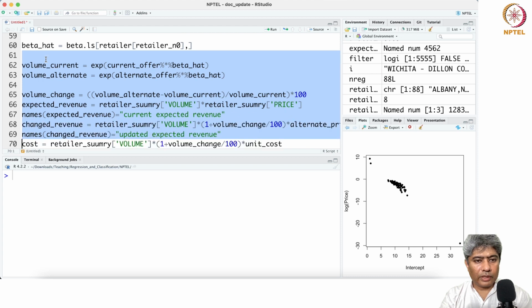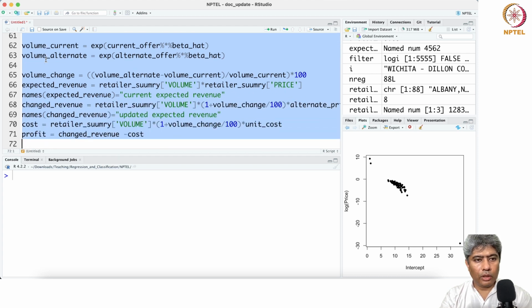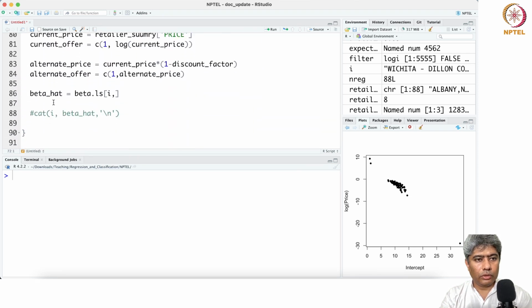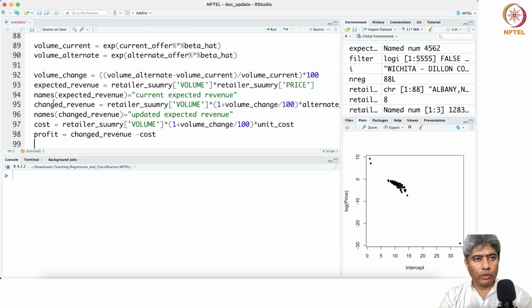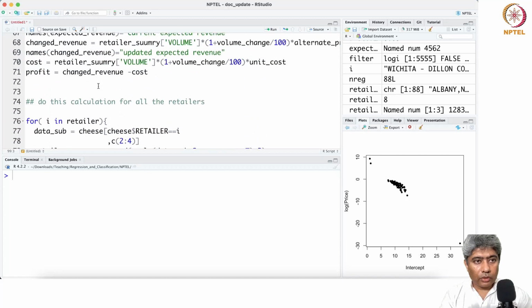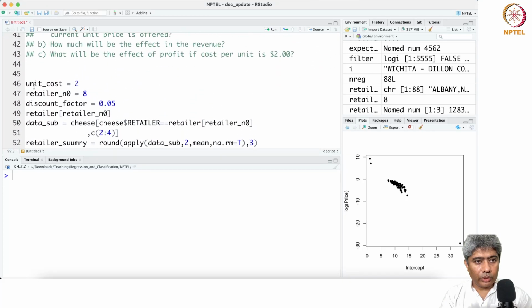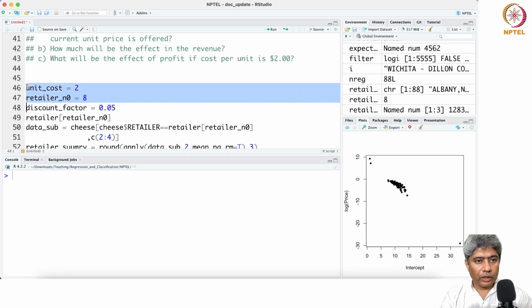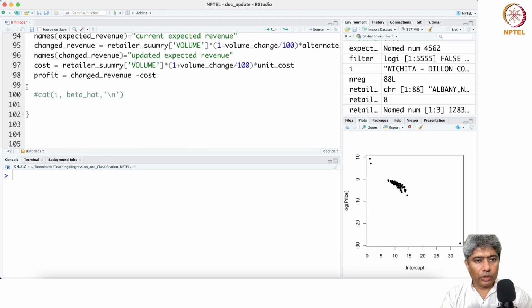These things will be exactly the same, no change. But now what I need is a discount factor. The discount factor is here, actually. So let me just take these two things.